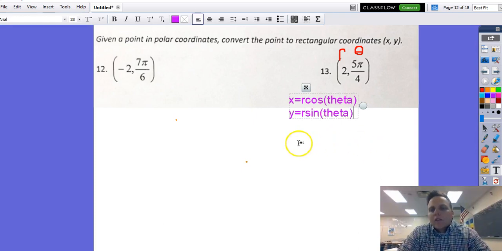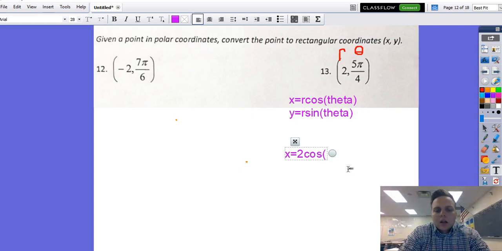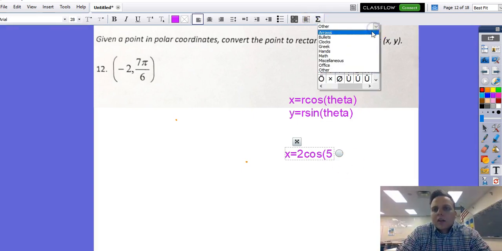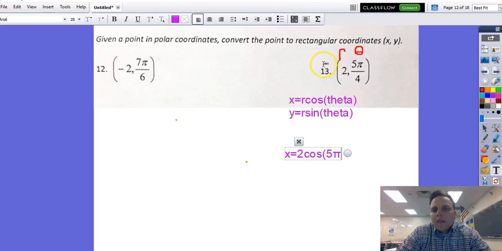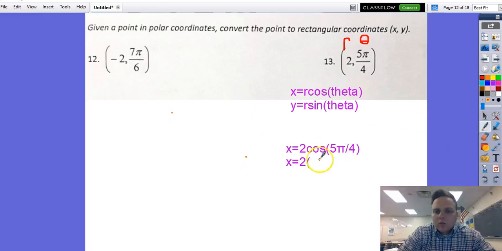For this problem, x is equal to 2 times cosine of 5 pi divided by 4. I look at my trig chart and see that cosine of 5 pi divided by 4 is equivalent to negative square root of 2 over 2.